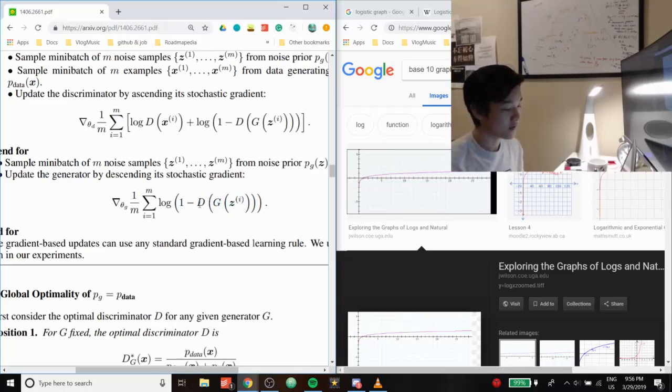When D of G of Z is high, that means the generator did a really good job at tricking the discriminator. Actually, I don't think that makes sense. D of G of Z is saying how well the generator tricked the detector, because if it is 1, if it's 100%, the detector thinks that the generated input is 100% from the real data set.